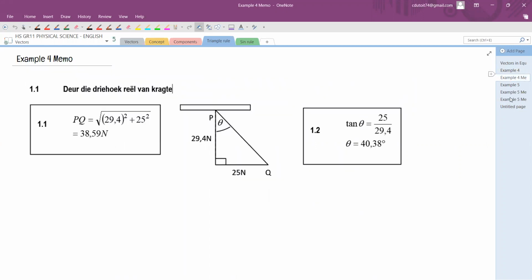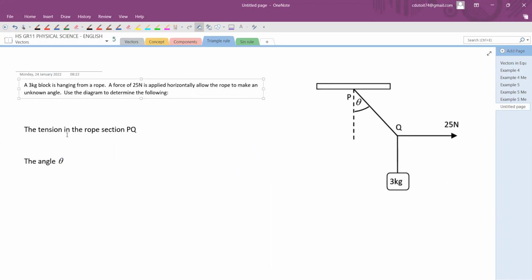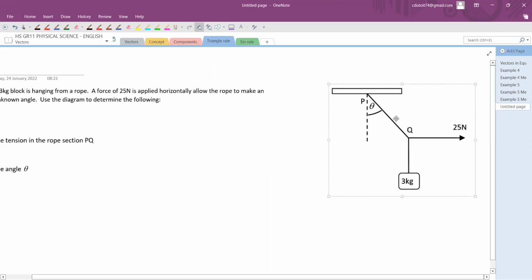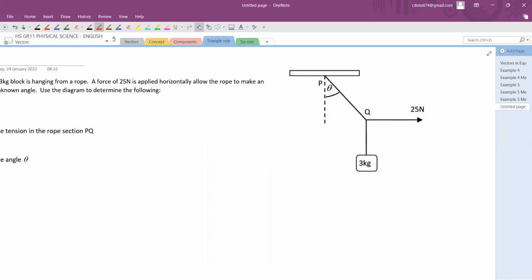Let's just do another example. The same example in another method. Or there's another way of reasoning how to get the same values. And this is through components. So in other words, the reasoning is as follows.